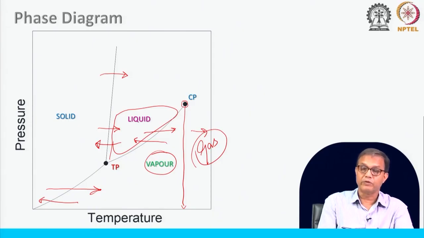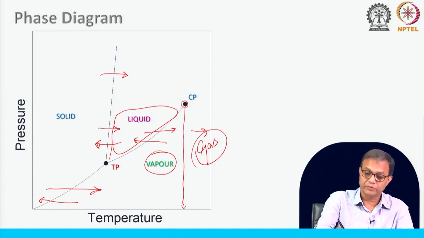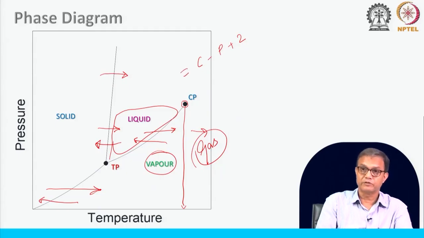How do we know its state? We will see later on that two parameters will be necessary. That is given by the Gibbs phase rule, C minus P plus 2. Those are the parameters that determine the number of independent variables that we need to specify to know the state of that point.